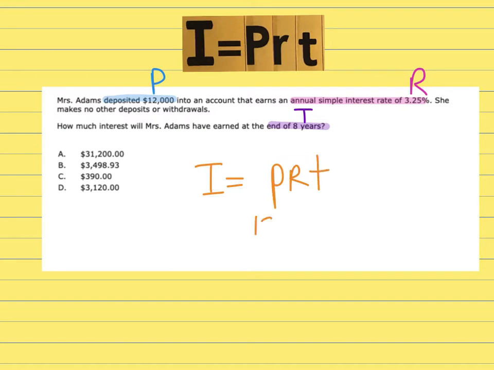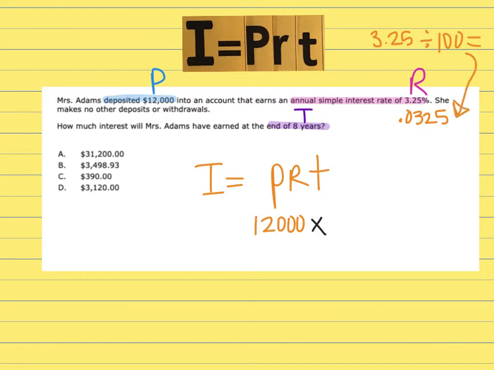Substitute the numbers now. Instead of P, I'm going to say 12,000 times the interest rate. But I need to move the decimal or divide this number by 100. It's 0.0325. If you're not ever sure, then just type your number as the percent into the calculator and say divided by 100.